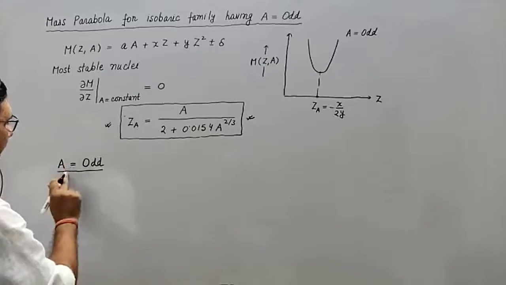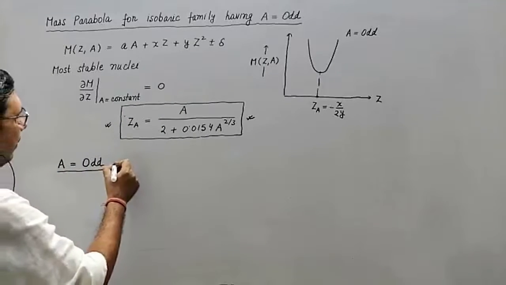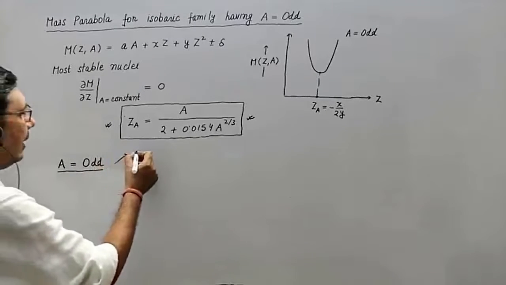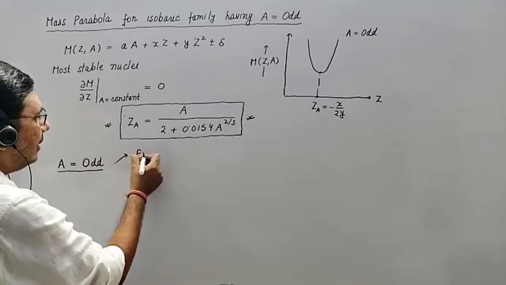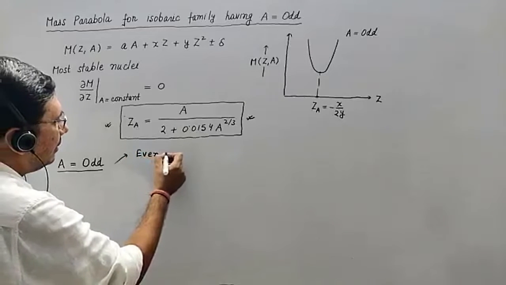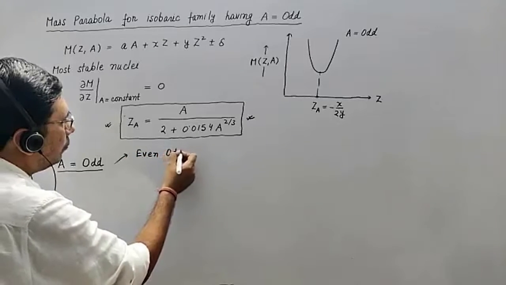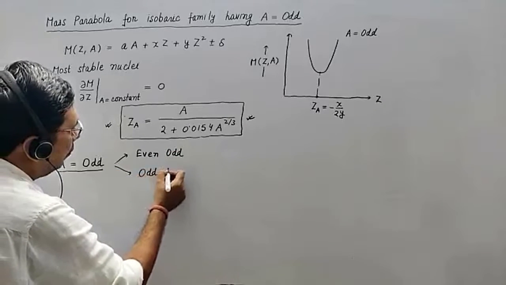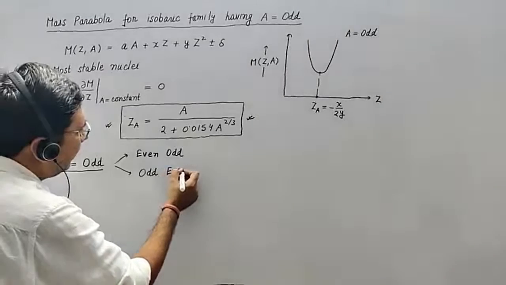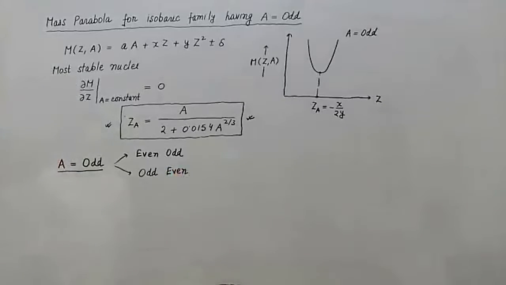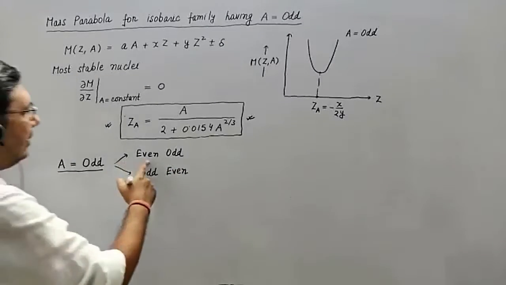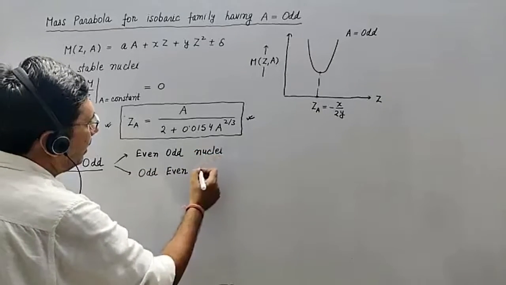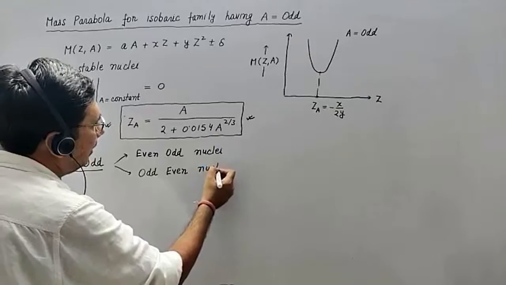So if A is equal to odd, we can have two types of nuclei: either even-odd nuclei or odd-even nuclei.